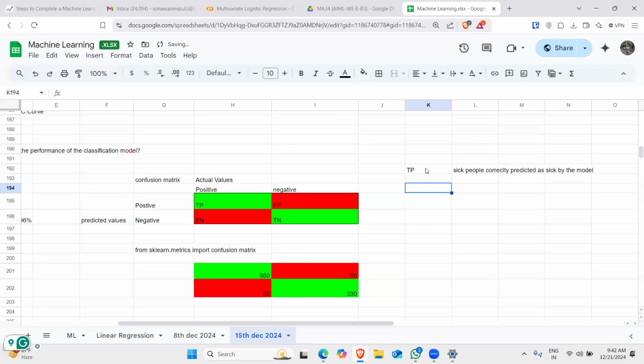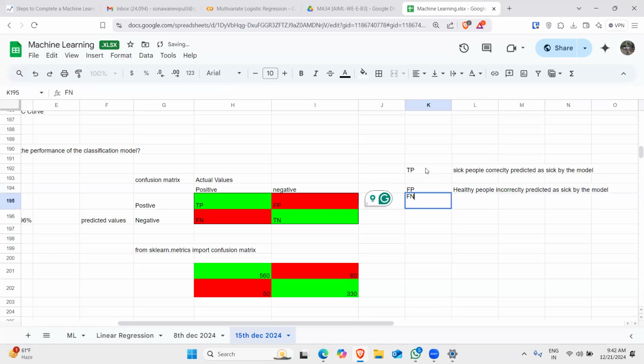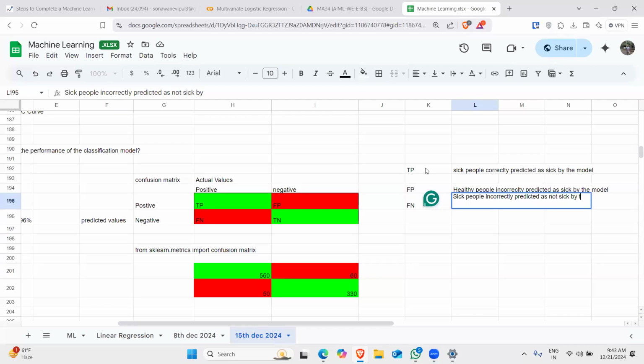Yes or no? Then we have false positive. What is false positive? Healthy people incorrectly predicted as sick by the model. We have false negative: sick people incorrectly predicted as not sick by the model.